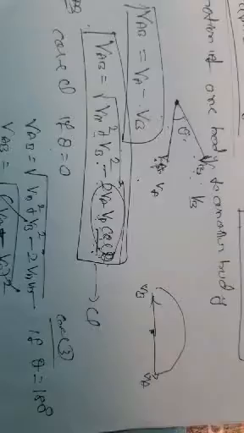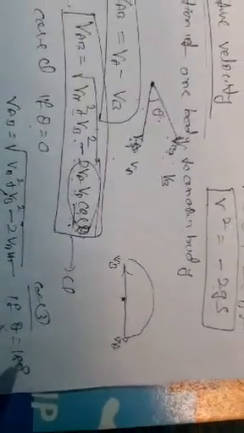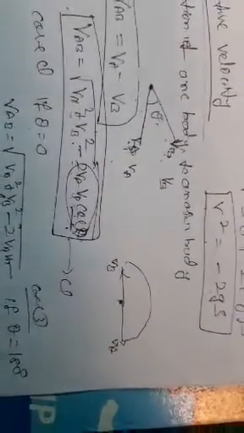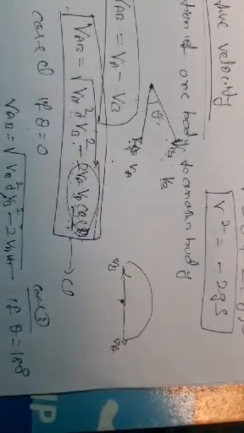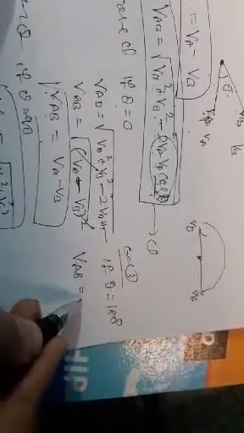If theta is equal to 180 degree, what is the magnitude of relative velocity? The magnitude of relative velocity VAB must be equal to VA minus VB.